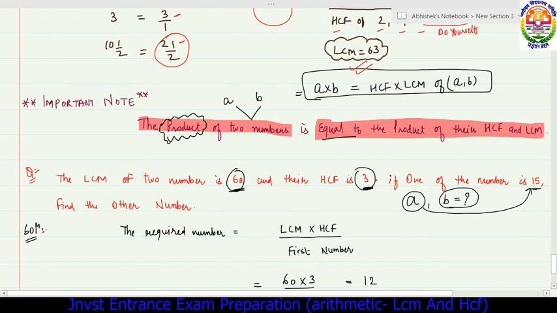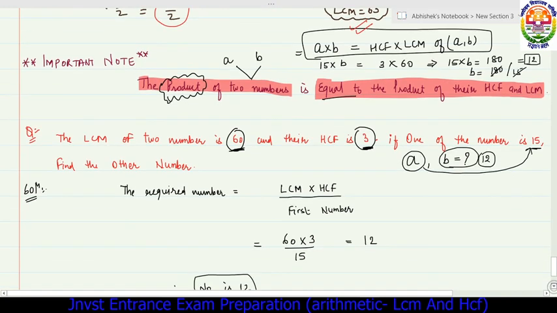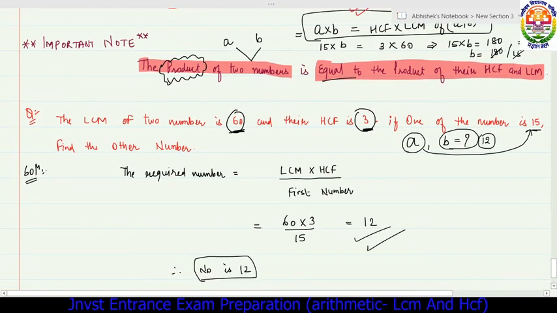Put in the formula: A into B, A is 15, B is B. 15 into B is equal to 3 times 60, which is 180. For B, 15 comes in the denominator and 15 cancels out of 180. How many times? 12 times. So B is 12.